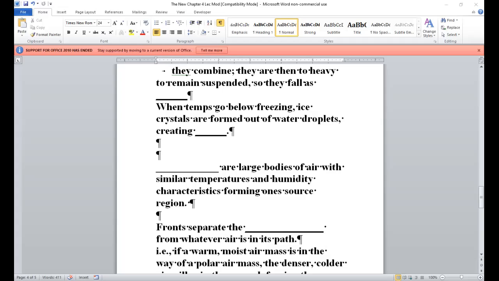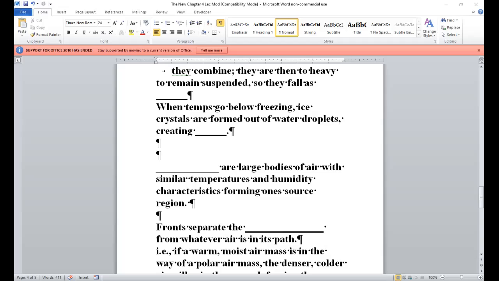You can turn to page 91, figure 4.25. A source region is an area where your air mass originates, primarily in deserts, oceans, or any large landmass, with small elevation variations but not a combination of land surfaces.